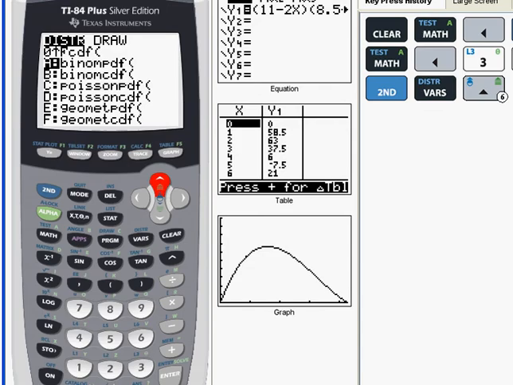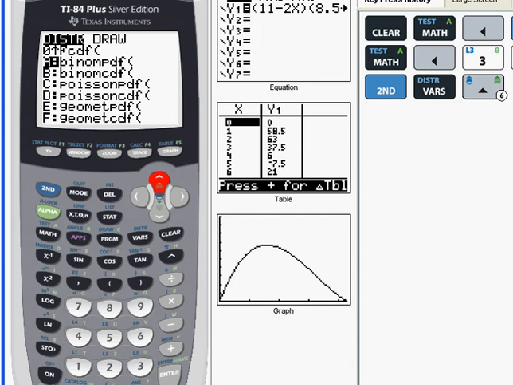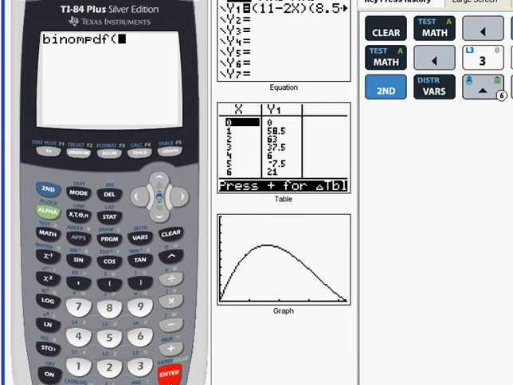All right, so binomial PDF is for when x equals a number. That's when you use binomial PDF. So I'm going to hit enter on binomial PDF. And if we think about the problem we were working on, we asked things like, what was the probability I got exactly 2 shots in out of 4? So we hit enter on binomial PDF. We type n first. So how many times are we going to do the action?